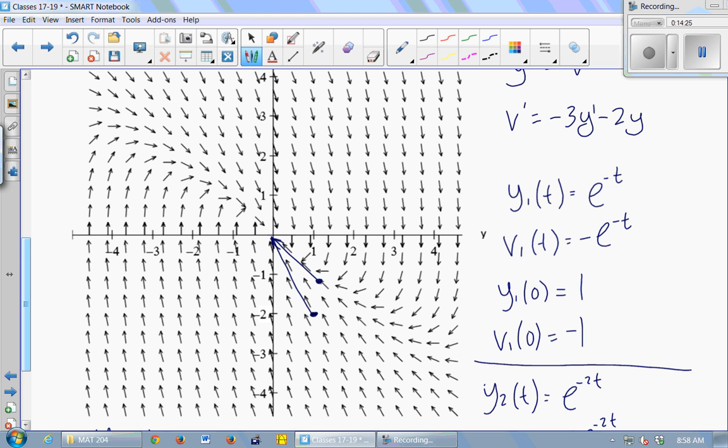All right, so let's think about this phase plane a little bit. I'm going to put some other initial conditions on here. No matter what your initial conditions are, it looks like this sends you to the origin. Start over here, and it's going to sort of cycle down and send you to the origin.